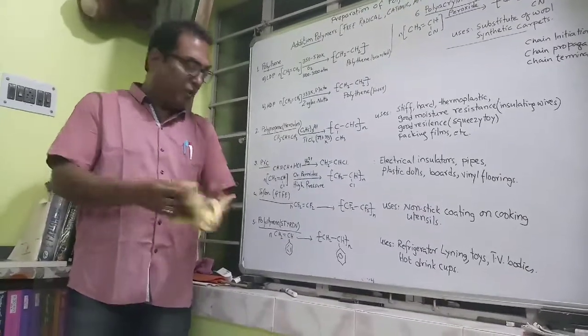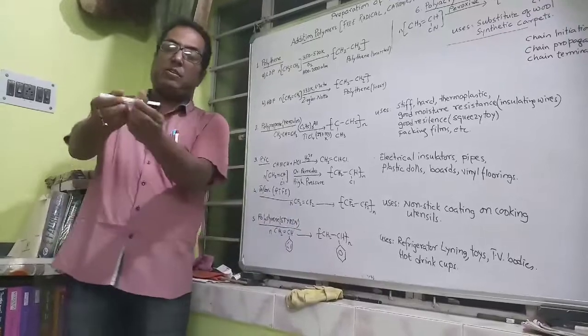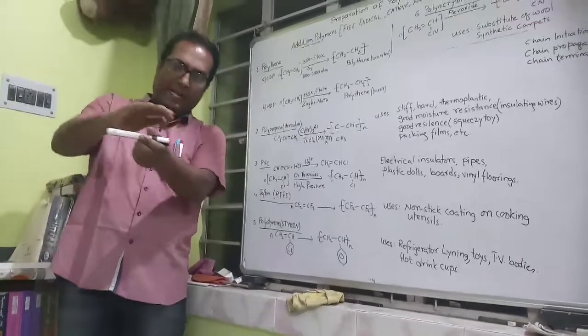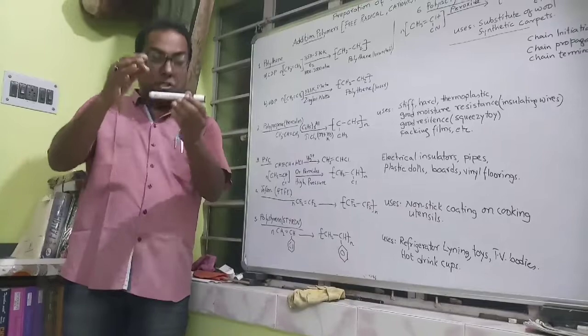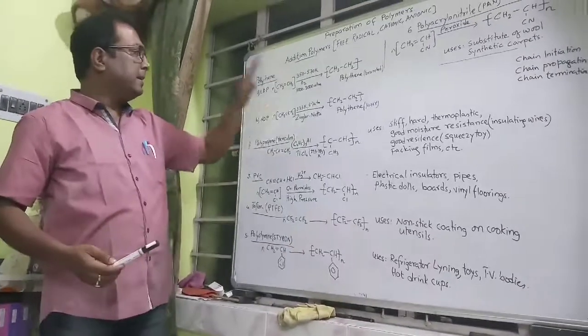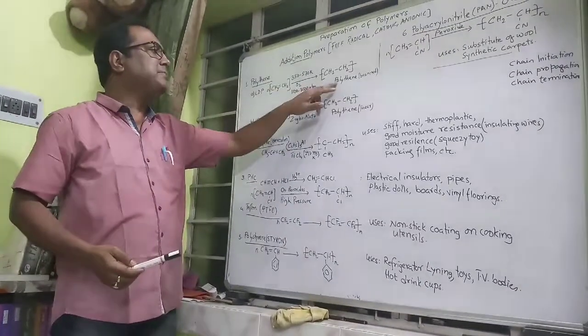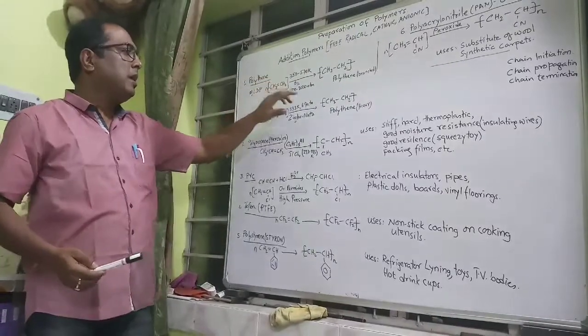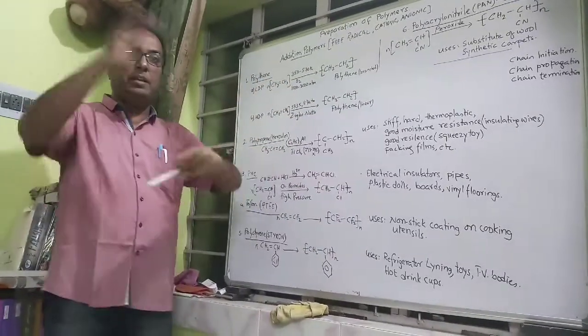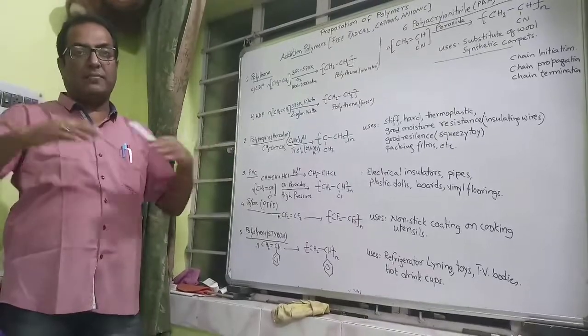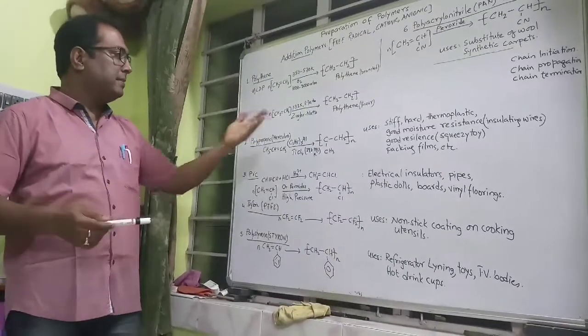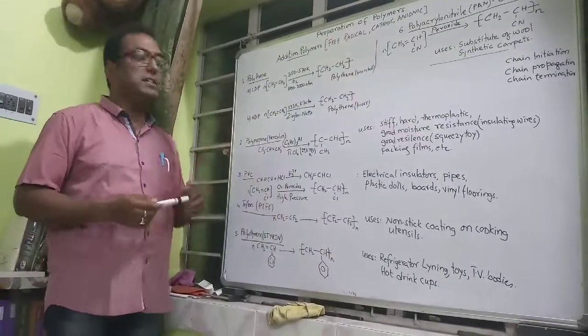But if I cannot fold it back, that indicates the density would be low. So in branched polythene, the density is low, and when it is linear polythene, you can fold one after another, forming multiple layers, and in this case you get high density polythene.